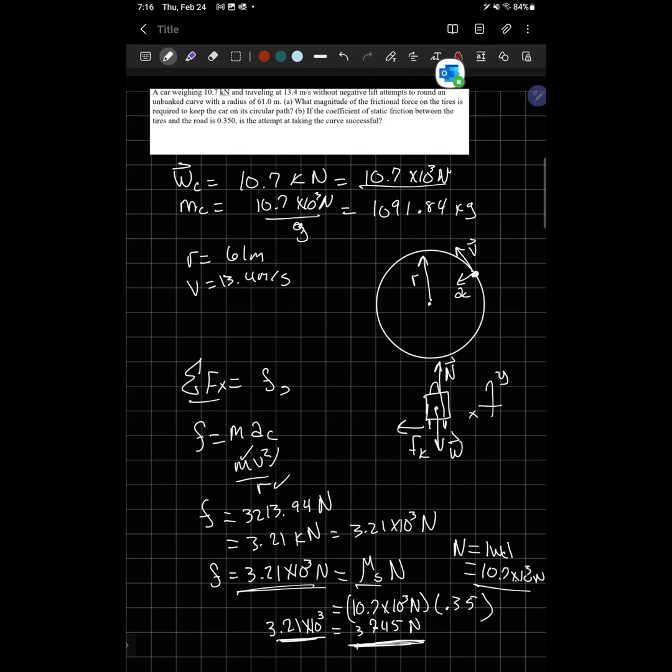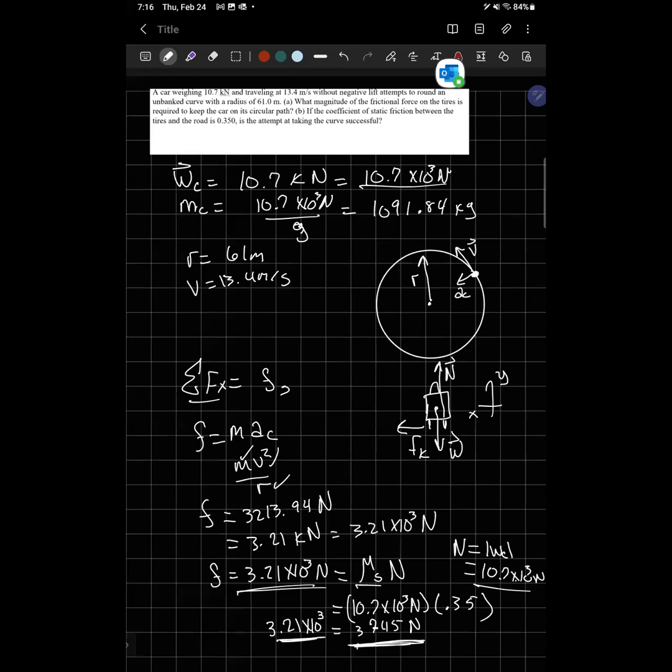Yes. So in part A, we basically solved for the minimum force required to keep it in a circular motion. Now, our force is a little bit greater, but it will travel in a circular path. It might not travel that same path with that same radius, but it will travel a path that is circular.